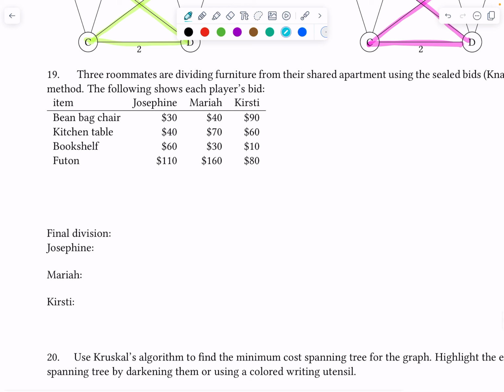So we have the beanbag chair, the kitchen table, the bookshelf, and the futon. We're just taking each item and choosing the person who has the highest bid, and that's who gets the item. And now we can write down the stuff.